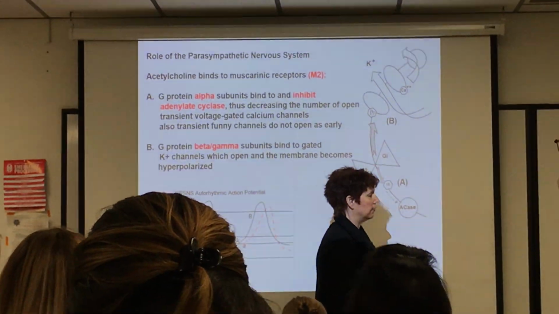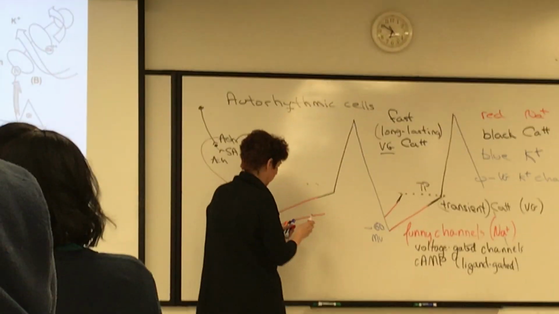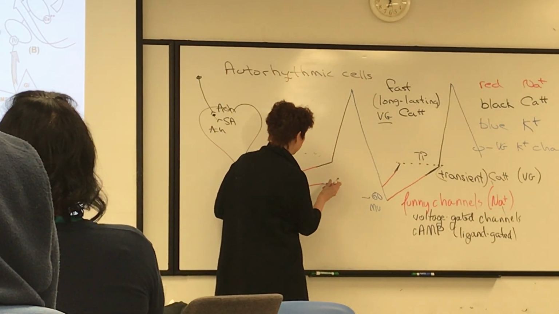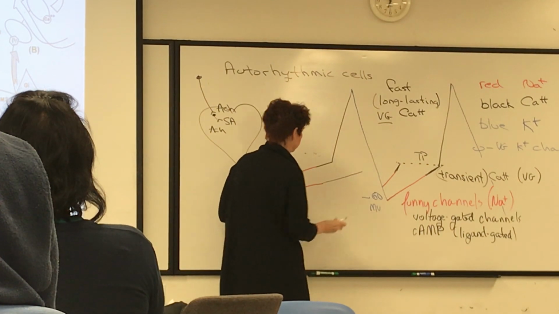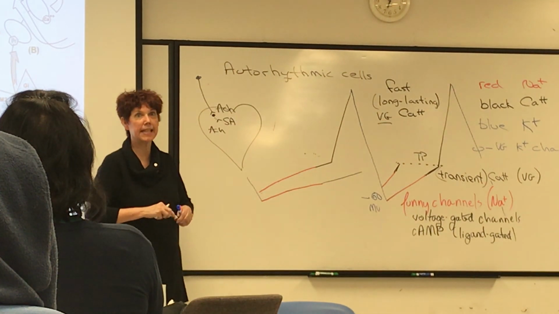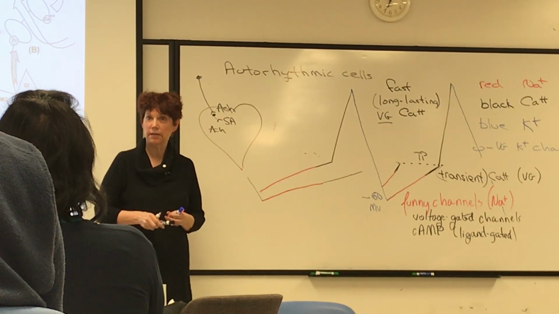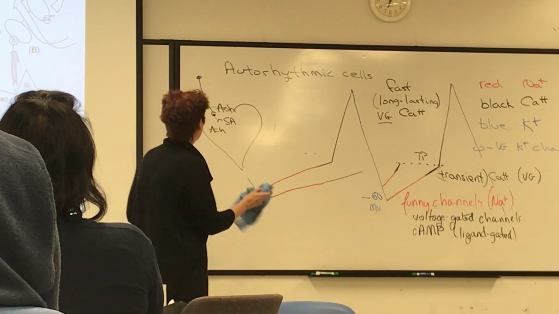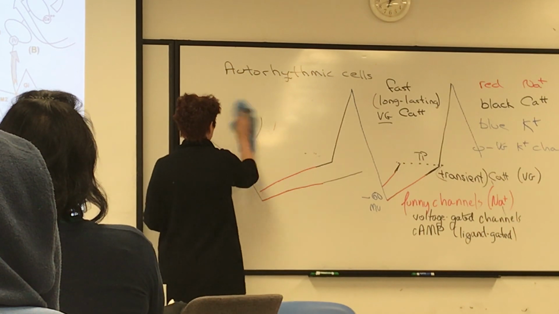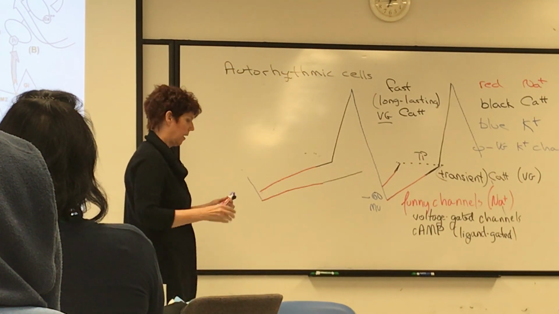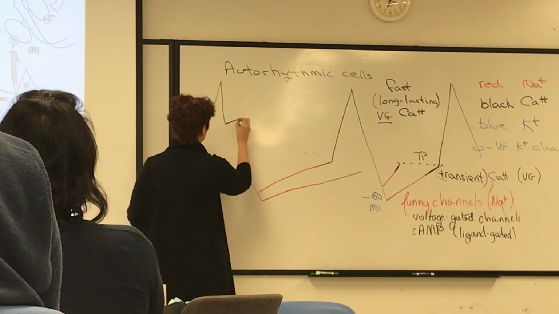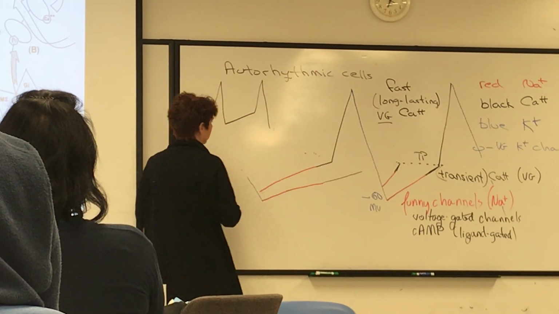And our transient channels open up later. So this is going to take a little bit longer because we're losing positive ions at the same time we're gaining. And this is going to take longer. So it's going to take us longer to reach our threshold. So the effect of acetylcholine then is that this is our normal heart rate.